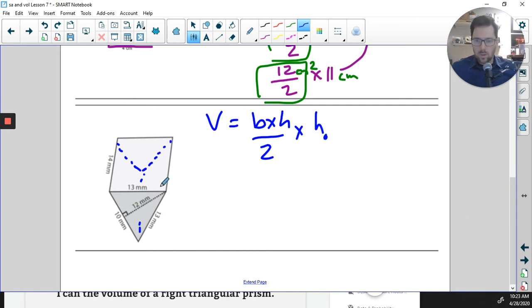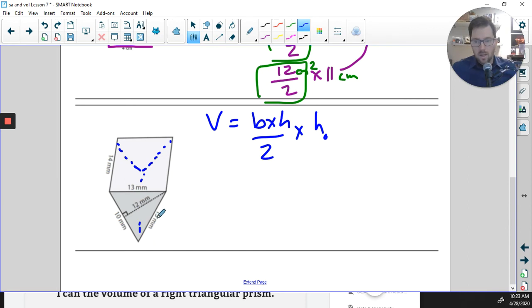So what do we know here? We know our base, our height. Oh man, what do we use as the base? Do we use this as the base, 13? Do we use this as the base, 10? Thoughts? That's right.